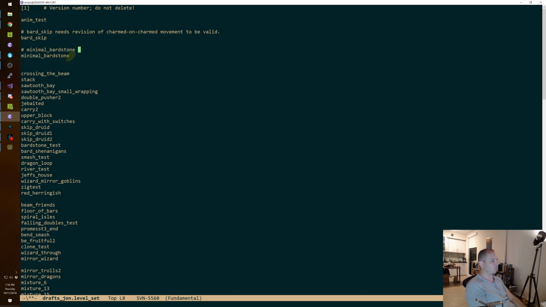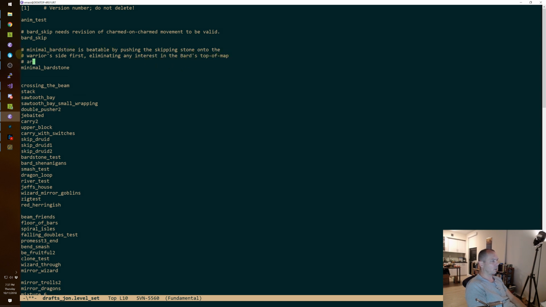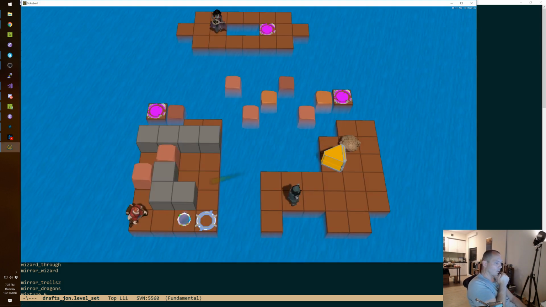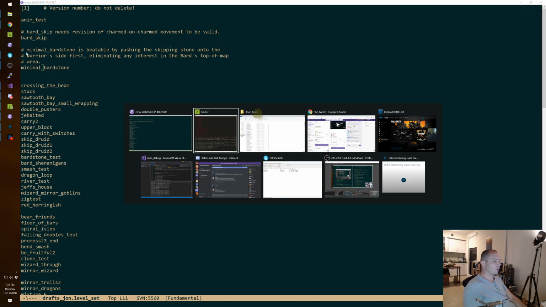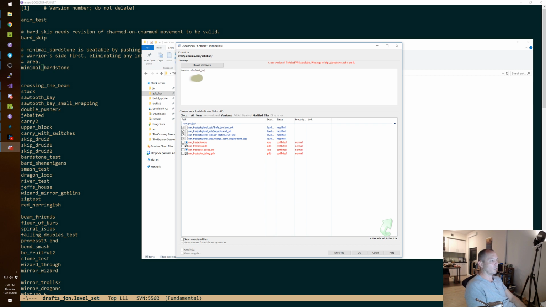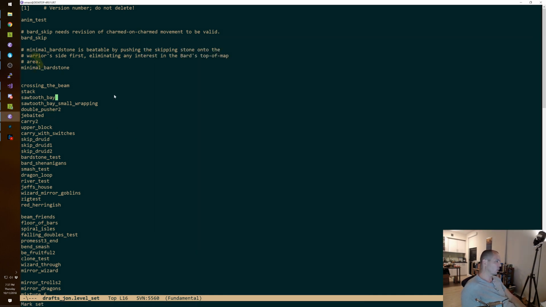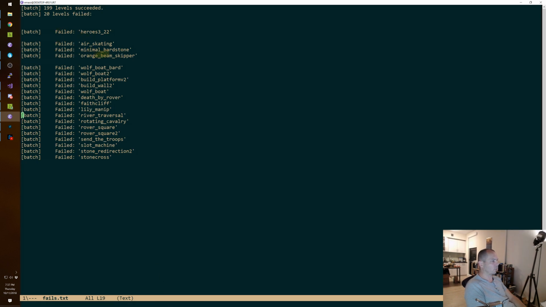Minimal bardstone is beatable by pushing the shipping stone onto the warrior's side first, eliminating any interest in the bard's top of map area. So when things are exploitable like that, we just move them sometimes. Let's check that in. Demote minimal bardstone to drafts, which also means it won't get tested as much or at all until we re-promote it.